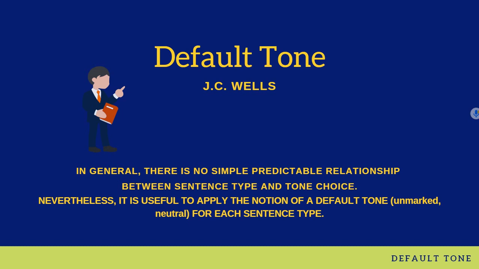What do we understand by default tone? A default tone is expected, is usual. Professor Wells says, in general, there is no simple, predictable relationship between sentence type and tone choice. Nevertheless, it is useful to apply the notion of a default tone for each sentence type.